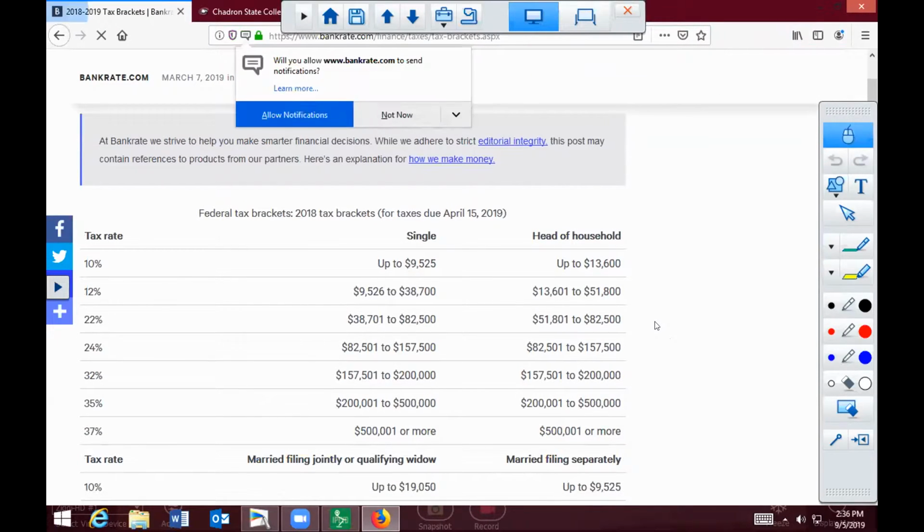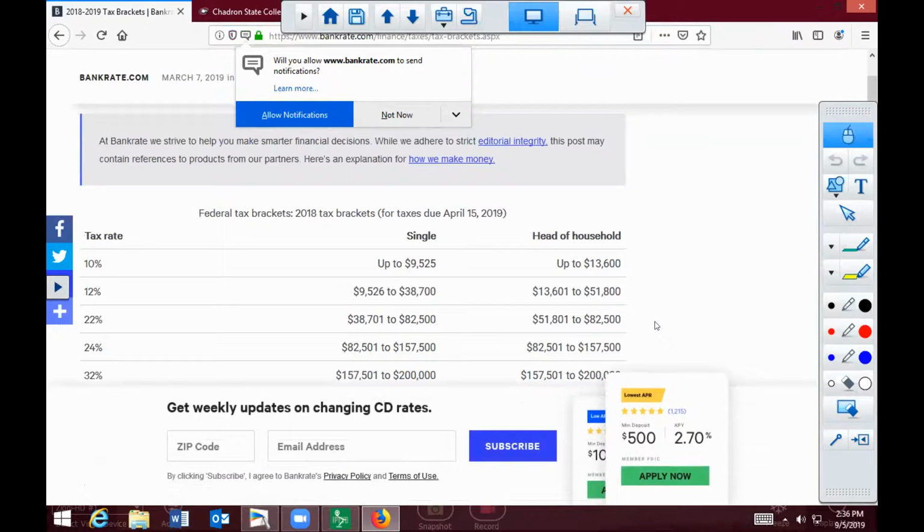Here is the legit information. If you make up to $10,000, you get taxed 10% on that first $10,000. Then from $10,000 to $38,000, you get taxed 12%. Then from $38,702 to $82,500, you get taxed at 22%, which jumps up 10%.